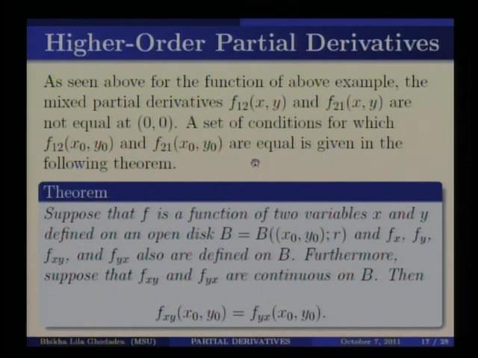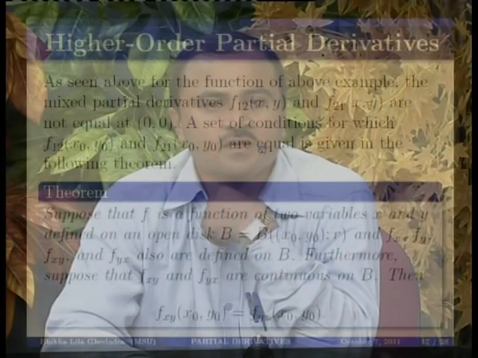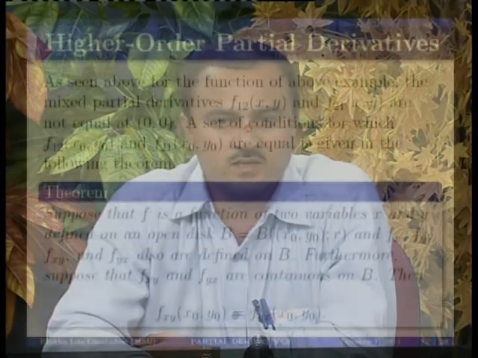So we can see that in this example the partial derivatives f12 at (x, y) and f21 at (x, y) are not equal at (0, 0). There are certain conditions under which they can be equal, and that will be given in the following theorem.